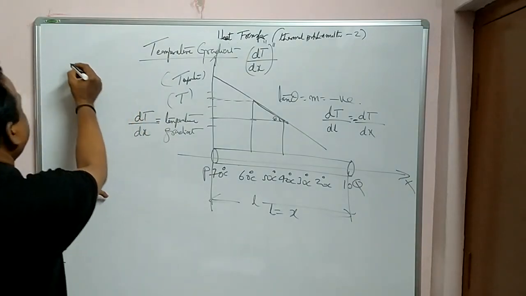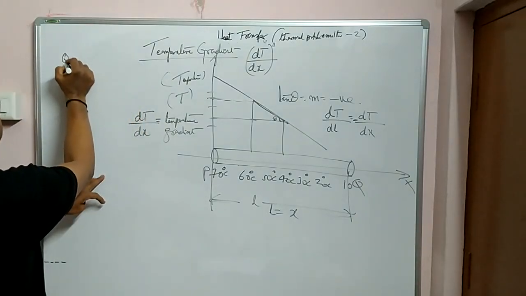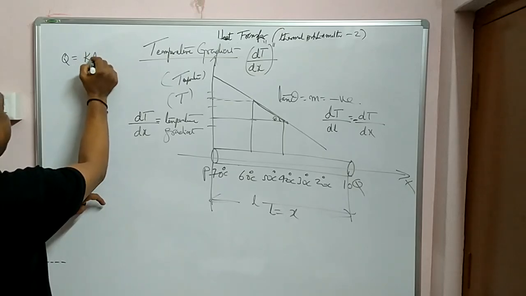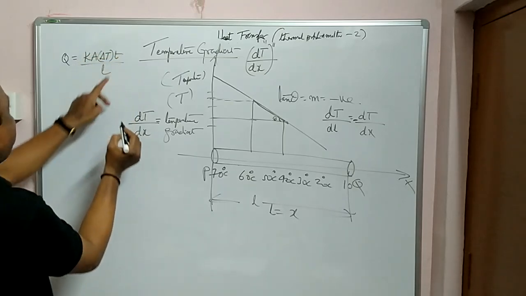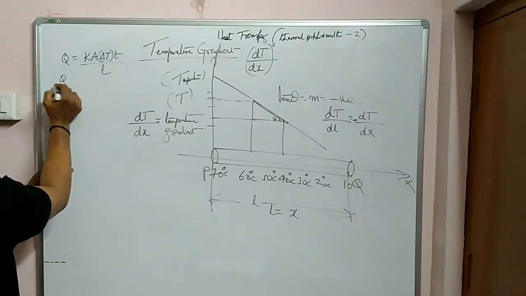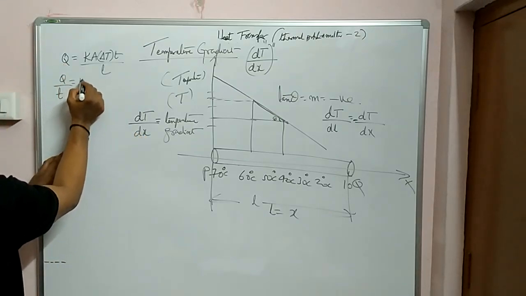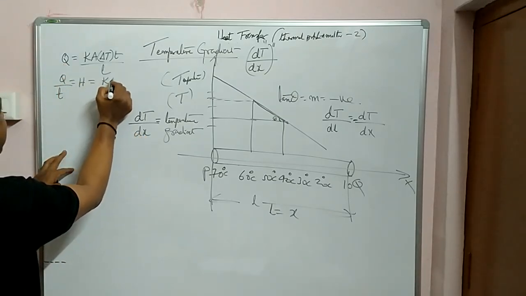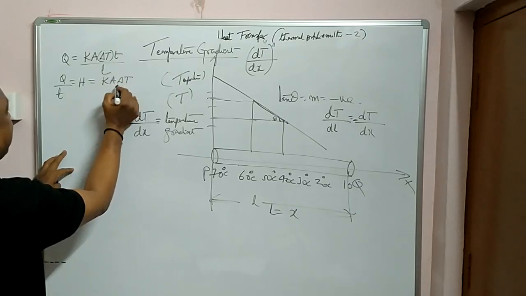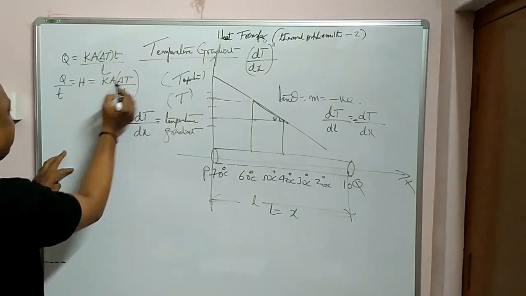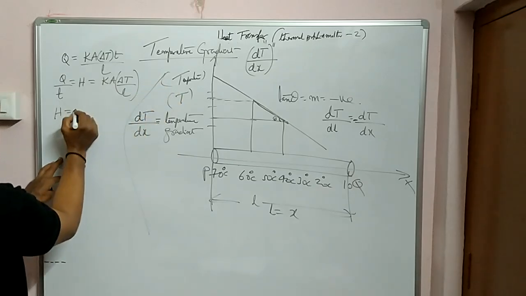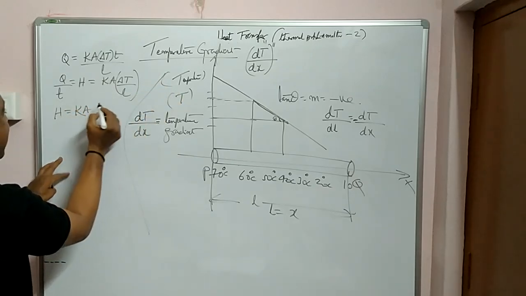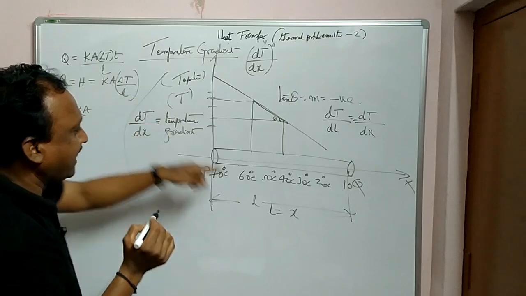So already I have given you an equation. Q is equal to K A delta T into t by L, and from this Q by t, which is called heat current, is equal to K A delta T by L. You can observe here H is equal to K into A. What is this dT by L?